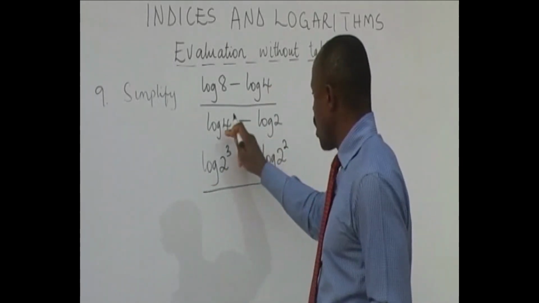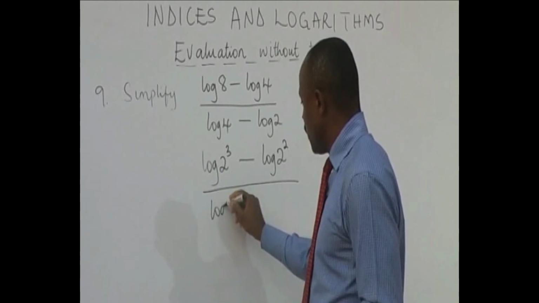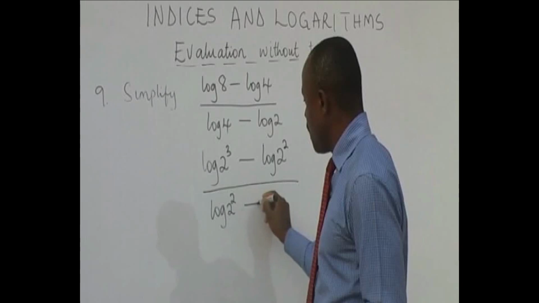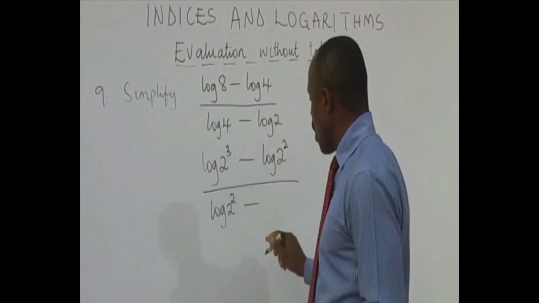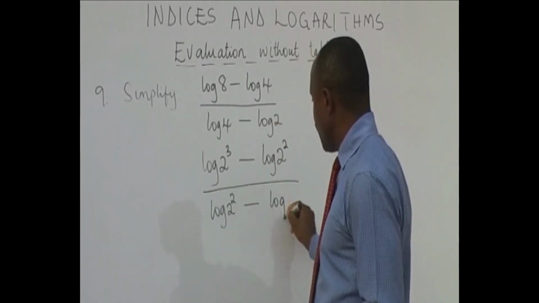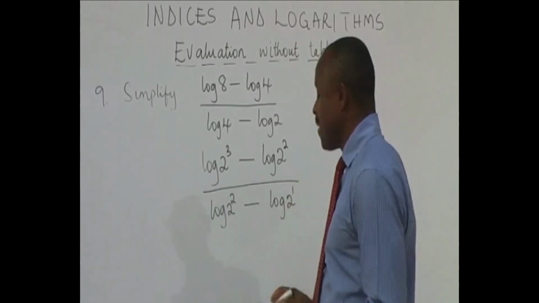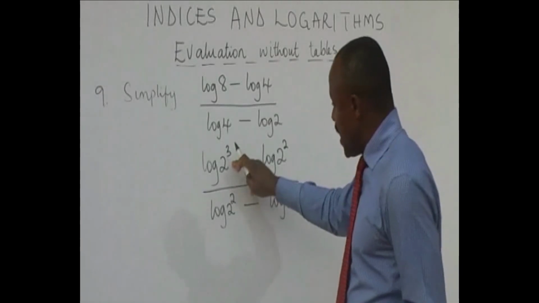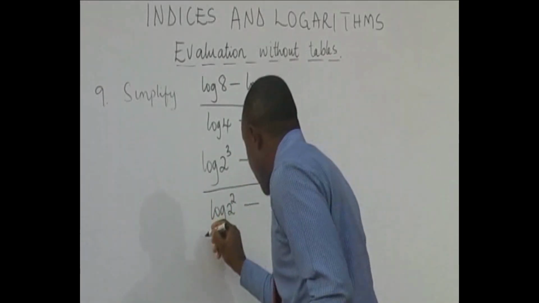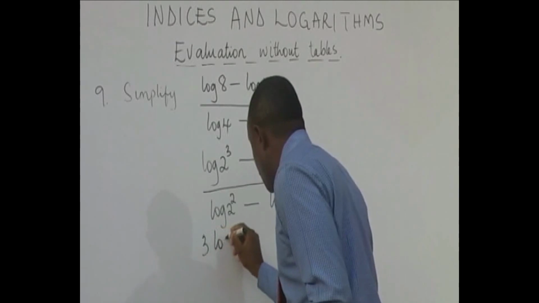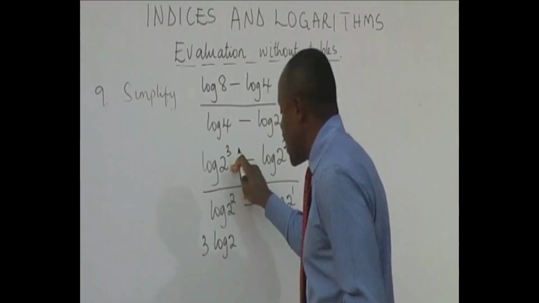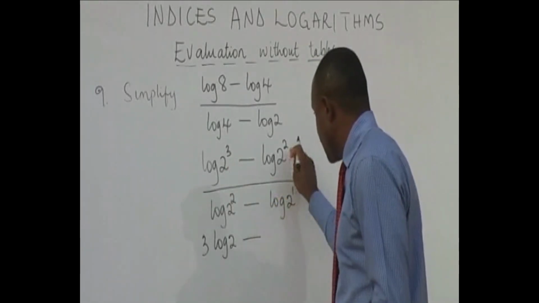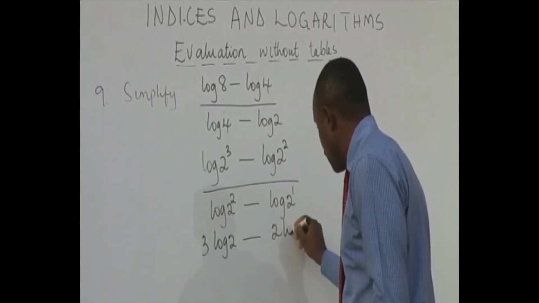Divided by log of 4, which will now become log 2 exponent 2, then minus log of 2 remains log of 2 exponent 1, if you like. What this means is 3 log 2, applying the third law of logarithms, minus this will now become 2 log 2.